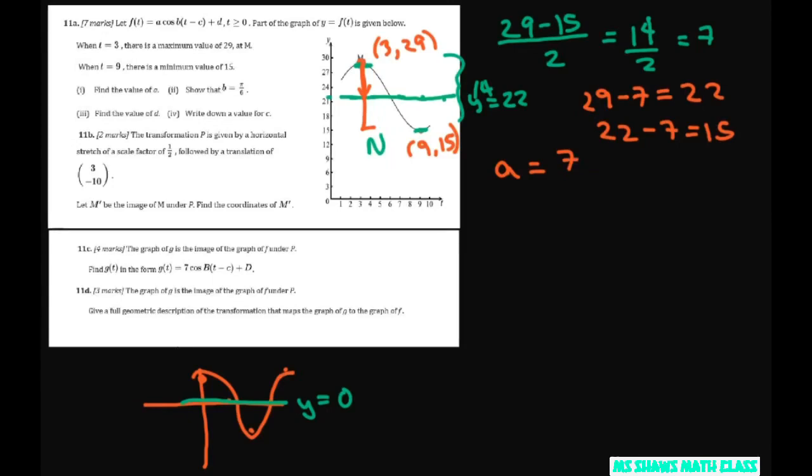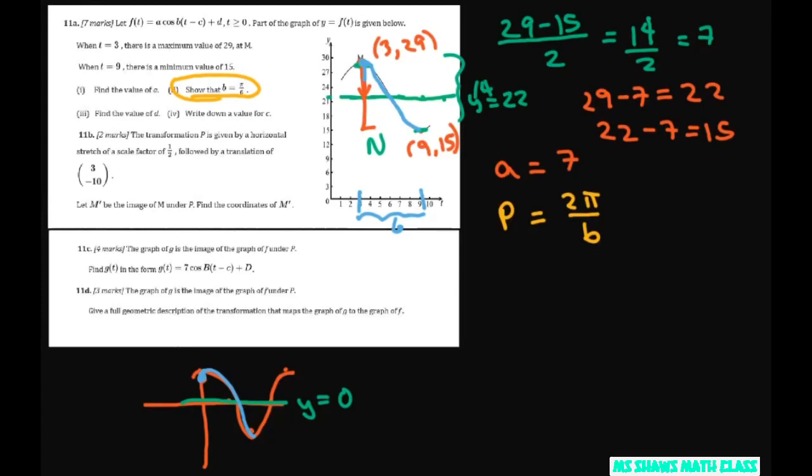And now we have to show that B equals pi over 6. So basically your period is 2 pi divided by B. In our case, we have half of a wave from here to here. And from 3 to 9, that's 6.